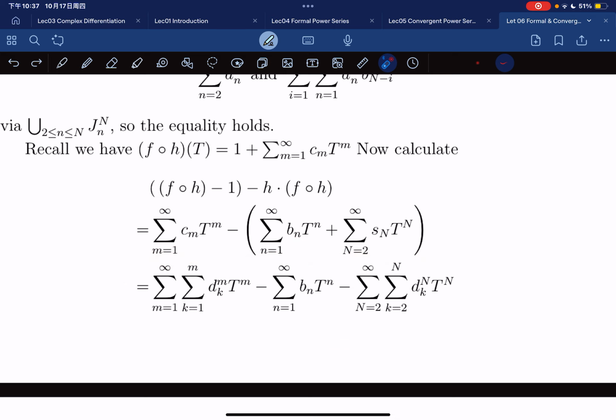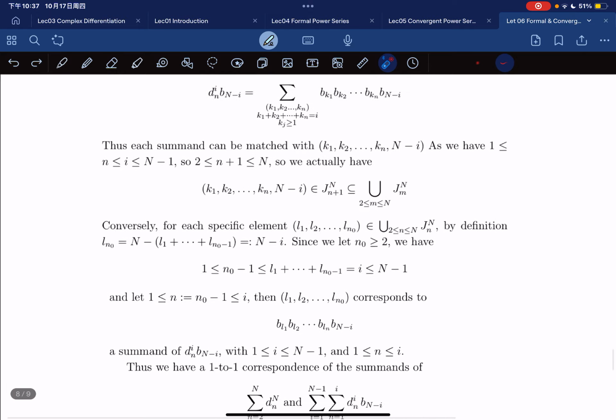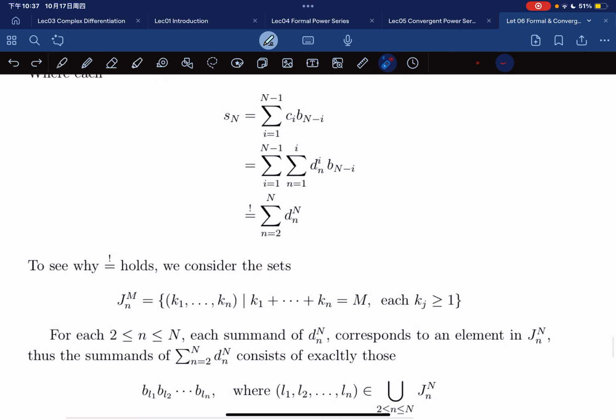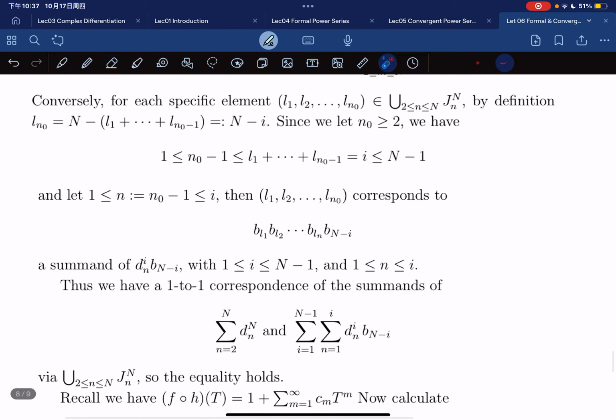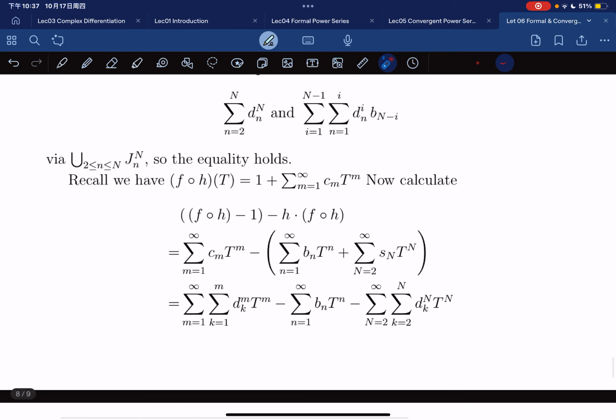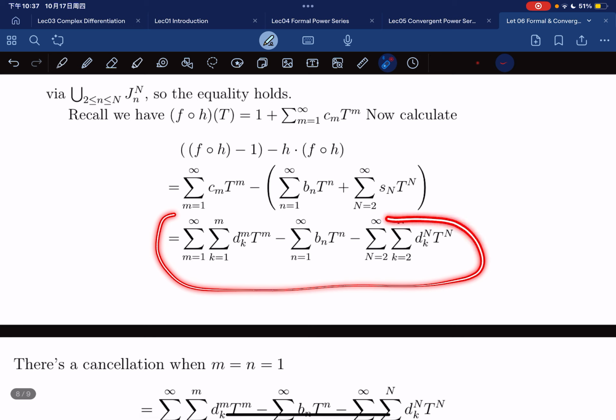We expand everything. So this cm turns out to be, right, 1 to m, and this Sn is dkn, right? And starts from 2, right? The dummy variable doesn't matter, right? So we have the sum of this.